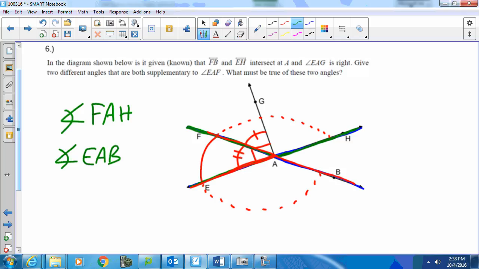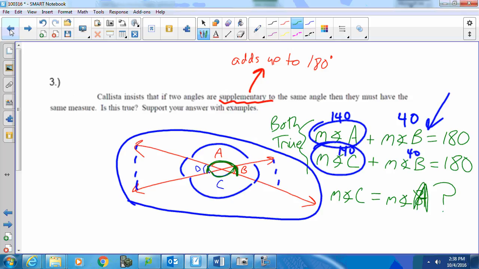And what we're going to write here is, now the next part is, what must be true of these two angles? Well, if these angles are both supplementary to the same angle, that goes back to our number 3. If two angles are both supplementary to the same angle, then their measures must be the same. They must be equal.